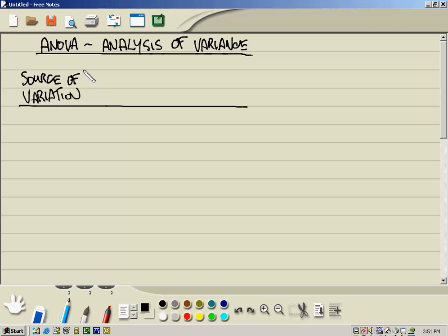Alright, and that's our first stop: we want to explain the total variation in the y variable. At the bottom here is the total variation. We're trying to explain the variation in the y, not really the level.